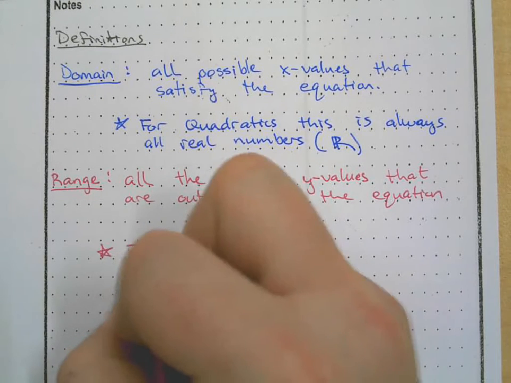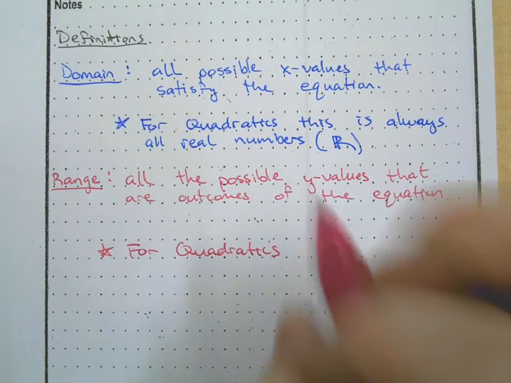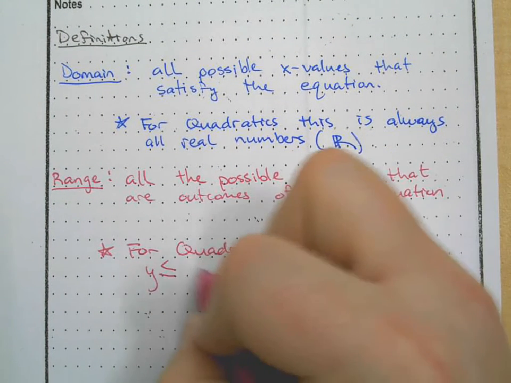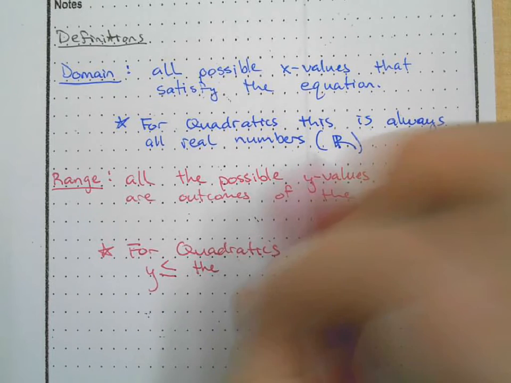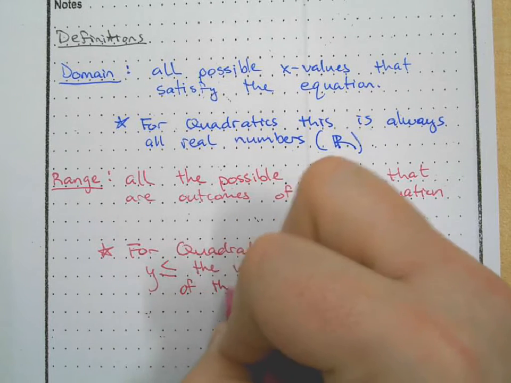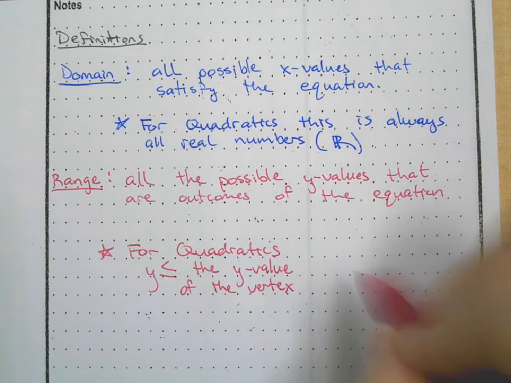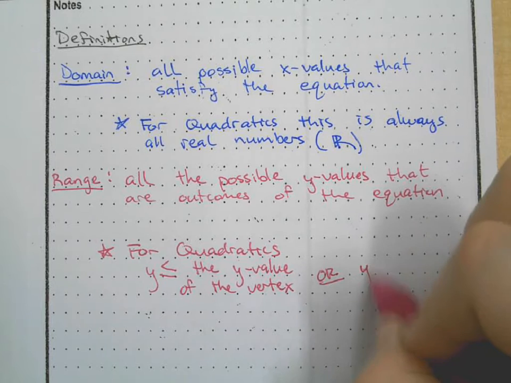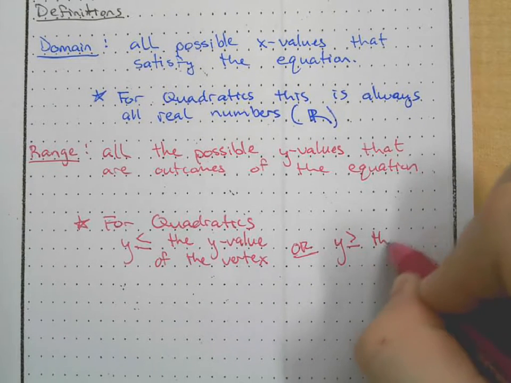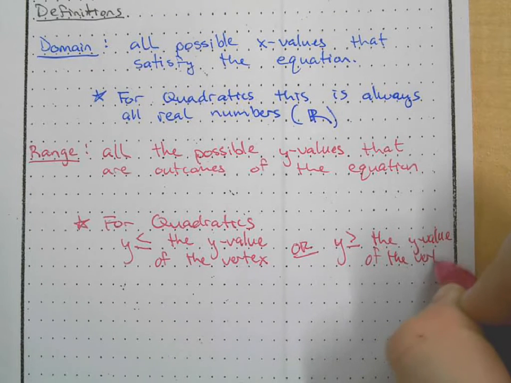And for quadratics, y will be less than or equal to the y value of the vertex, or y will be greater than or equal to the y value of the vertex.